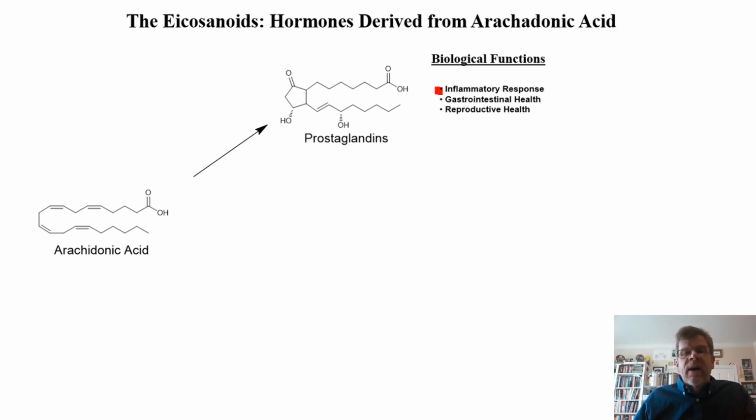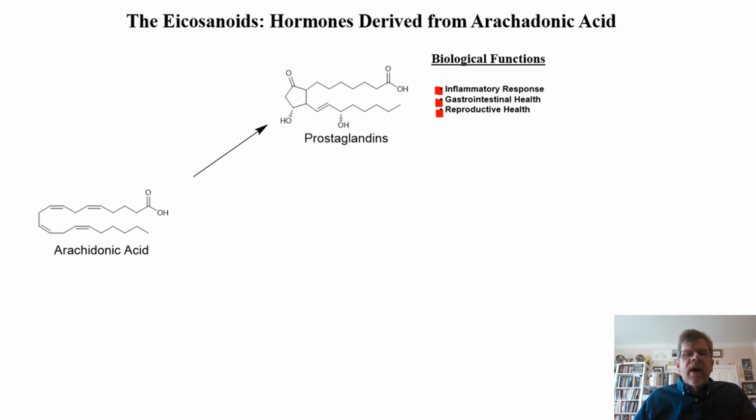They regulate inflammation. They're also implicated in gastrointestinal health, also in reproductive health. Certain prostaglandins are hormones within the reproductive system as well. So a vast array of different biological functions within these prostaglandins.